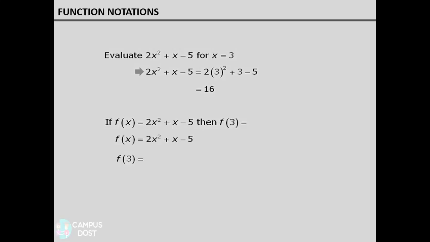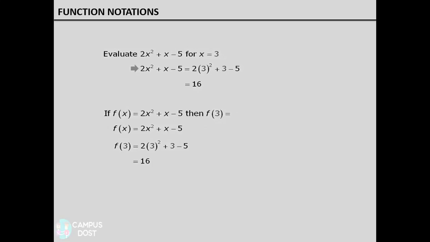So we'll take our function here, and to find the value of f of 3, we'll plug 3 in for x. At this point, when we simplify, we get 16. So if f of x equals 2x squared plus x minus 5, then f of 3 is equal to 16. Notice that we are simply using different notation here to express the same concepts that are expressed here.